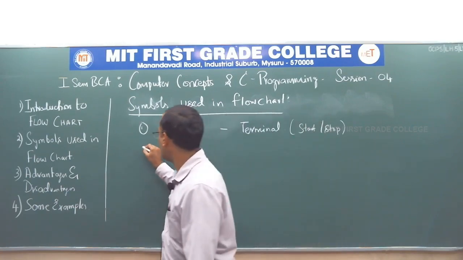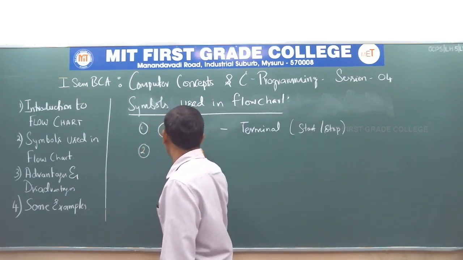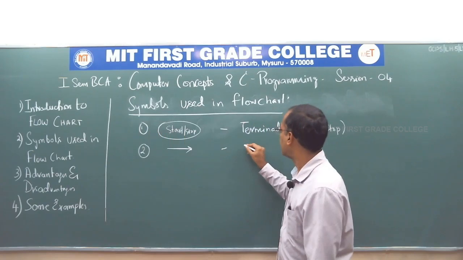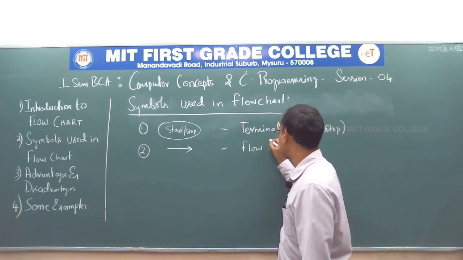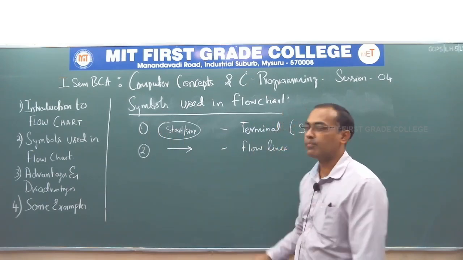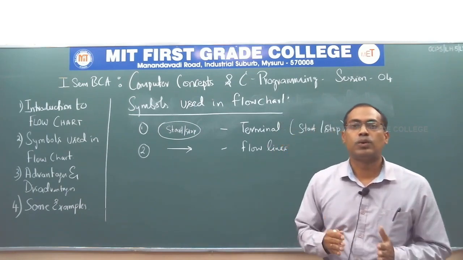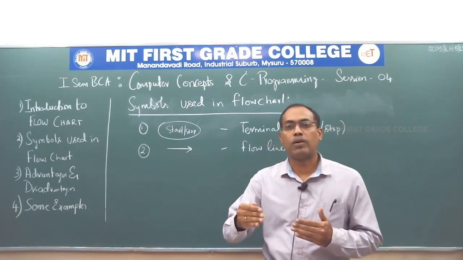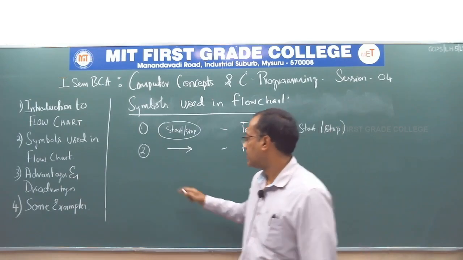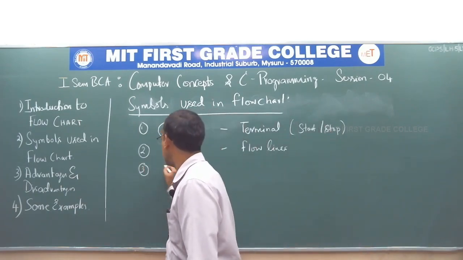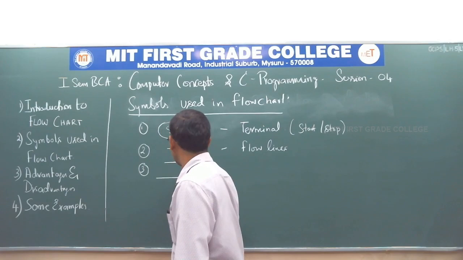The next symbol is an arrow symbol, which is nothing but flow lines. This symbol is used to represent the flow of events. The next symbol is a parallelogram.